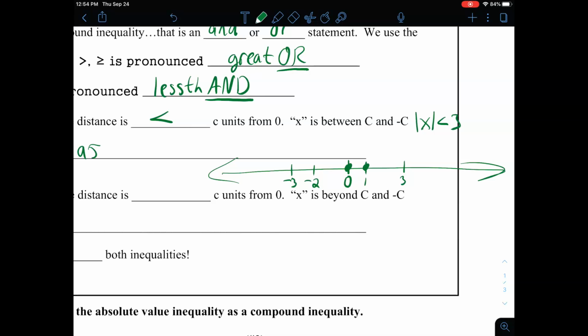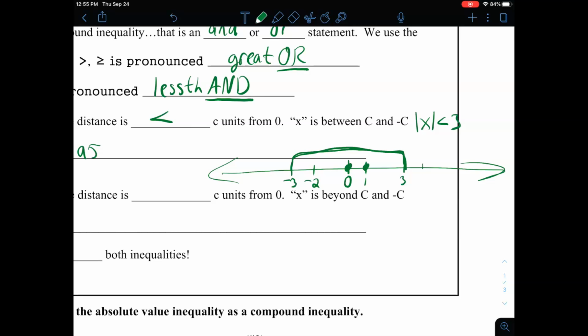It is. So the way this is going to work, these and problems, that's why it's less than. Basically what it's saying is whatever you plug into this value here, its result needs to be less than 3 away from 0. So everything in here is going to work.